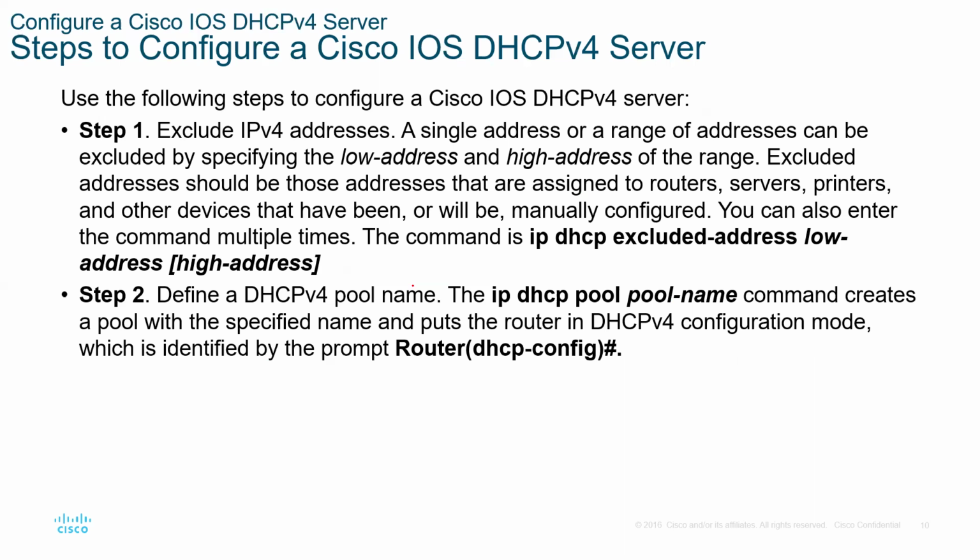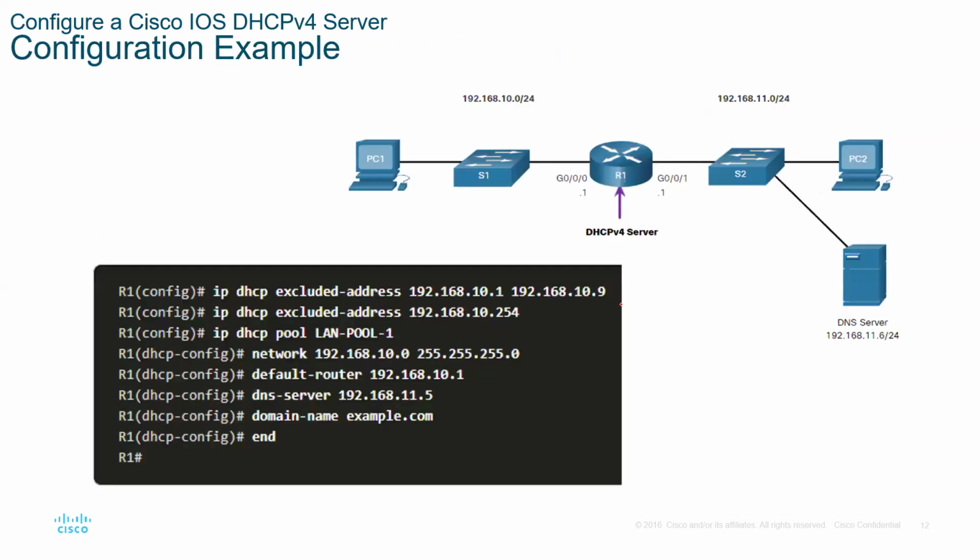So the command, I think we'll do a lab. That's the command ip dhcp excluded-address. You have the low address, you have the high address. So for example, I think there's an example right here. This is the example we have. If you want to exclude addresses from .1 to .9, this is how you do it basically.